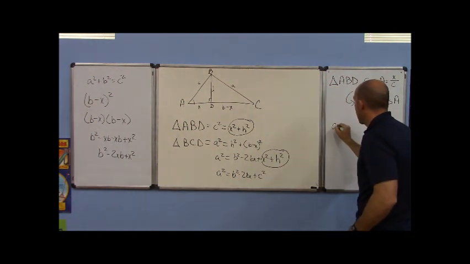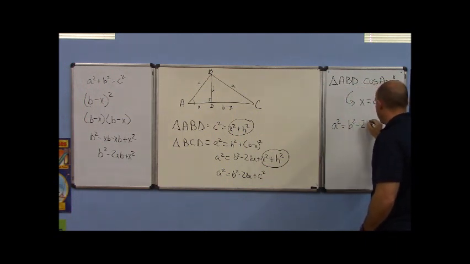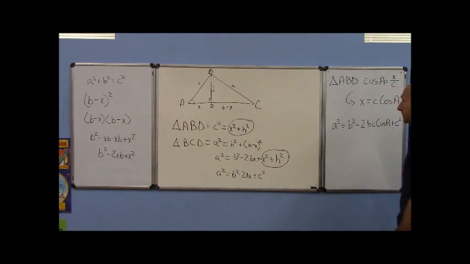So this will give us a squared equals b squared minus 2 times b times c times the cosine of angle A plus c squared.